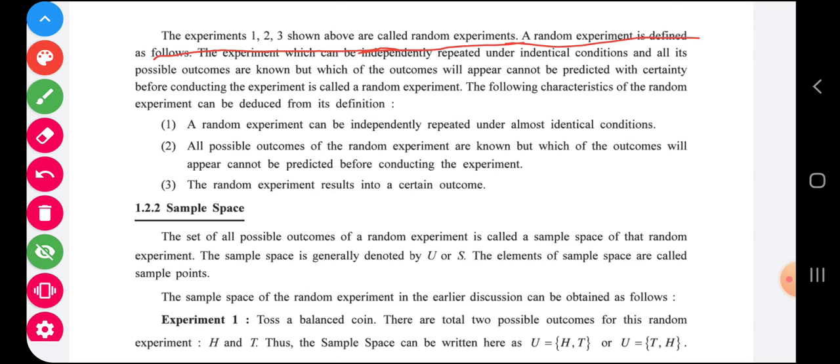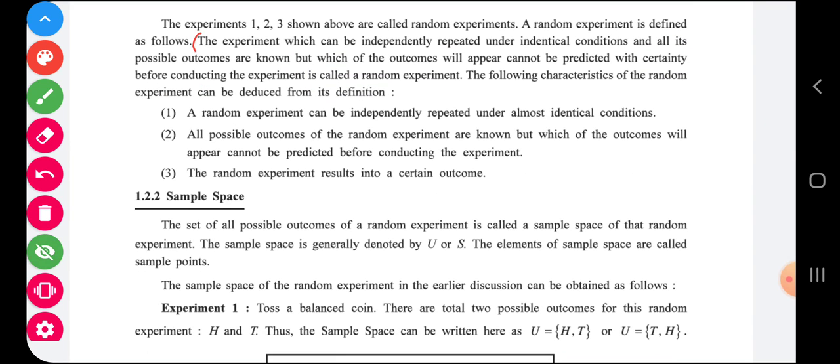A random experiment is defined as follows; you will write this definition. The experiment which can be independently repeated under identical conditions and all its possible outcomes are known, but which of the outcomes will appear cannot be predicted with certainty before conducting the experiment, is called a random experiment.